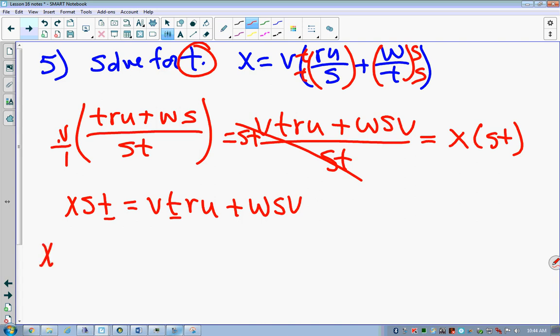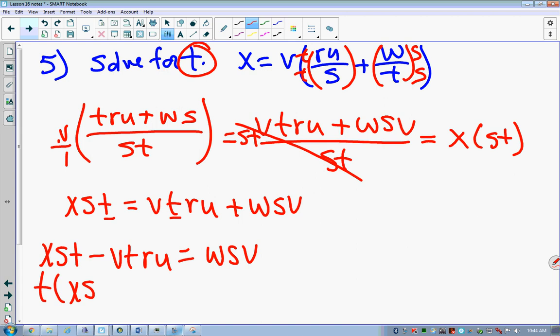So I'm going to get xst minus vtru equals wsv. Okay? Now, I've got my t's together. What I'm going to do is factor out t. So I'm going to say t times xs minus vru equals wsv. Okay, do we understand that? Because there's a t in each of those terms.